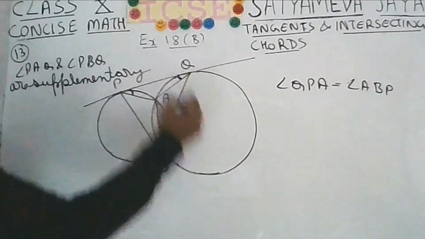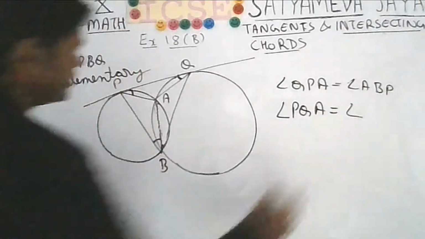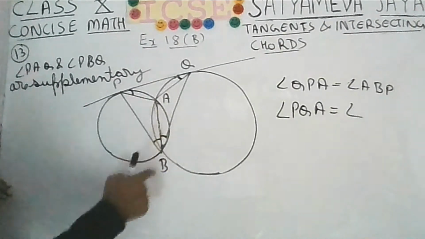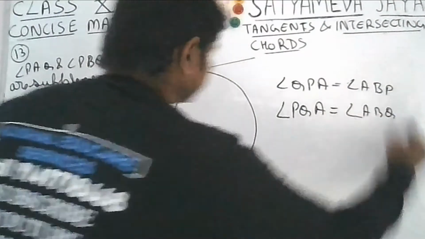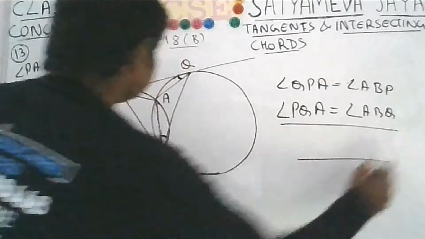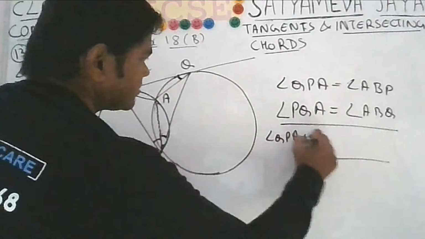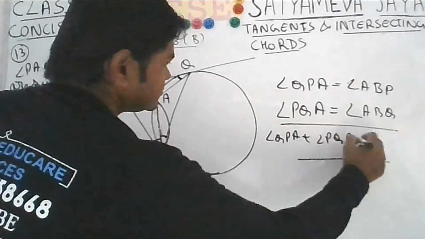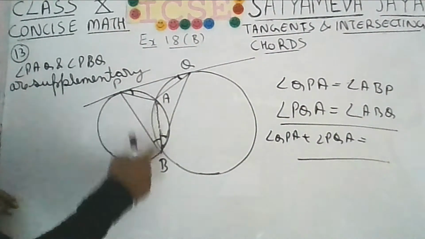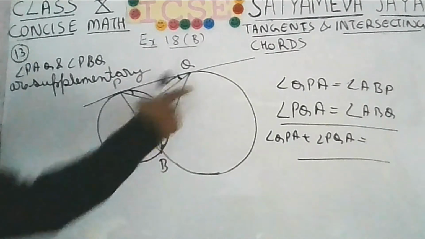So this angle PQA must be equal to the angle in the alternate segment, angle ABQ. Now let us add these two equations. Angle QPA plus angle PQA will be equal to ABP plus ABQ, that is angle PBQ.